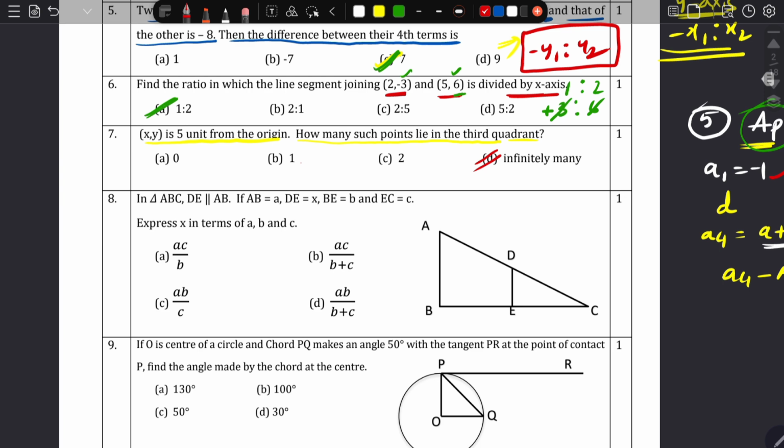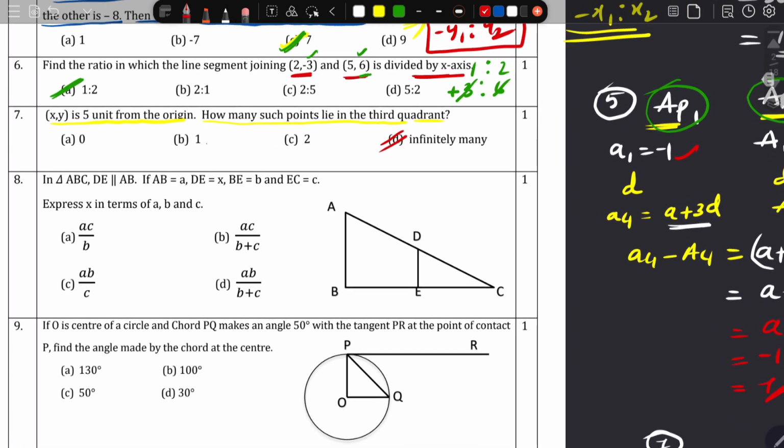So next, question number 8. Given that in triangle ABC, DE is parallel to AB, if AB is equal to a, DE is equal to x, BE is equal to b and CE is equal to c, express x in terms of a, b, c.